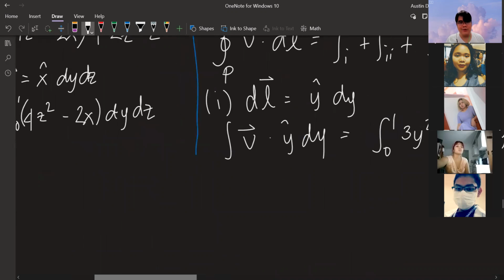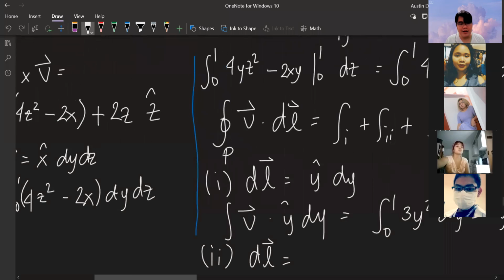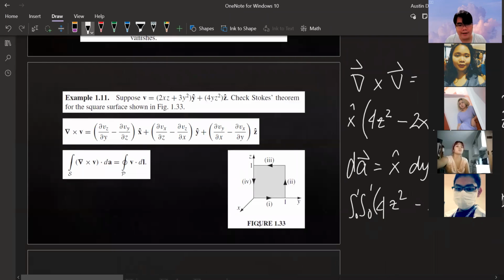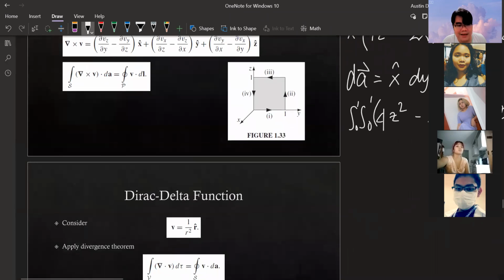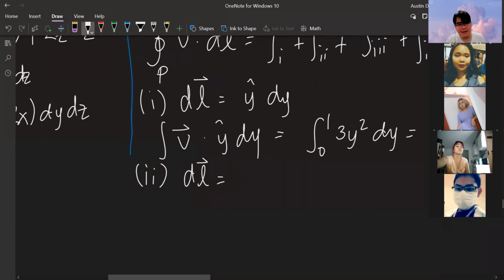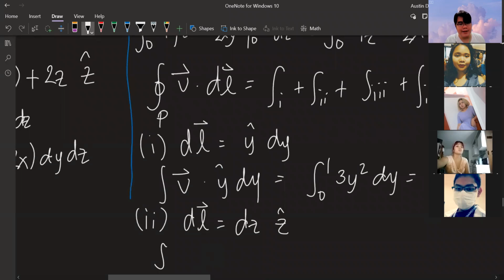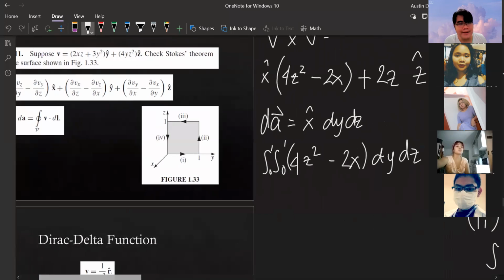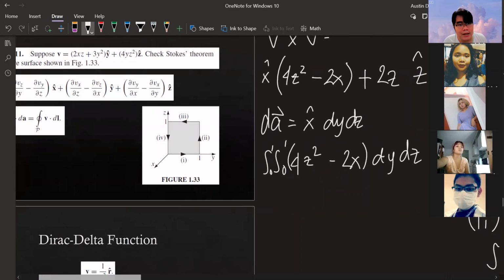It's easy. So for 2, let's write our path and look at it. In 2 we go along z hat, so our path will be dz directed along z hat, and I'm left with doing the integral. In the z hat part, we have 4yz squared.